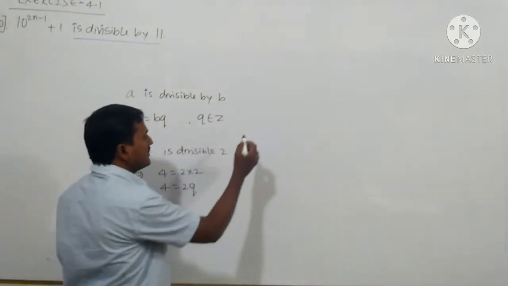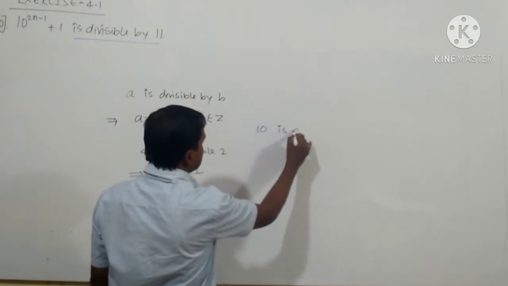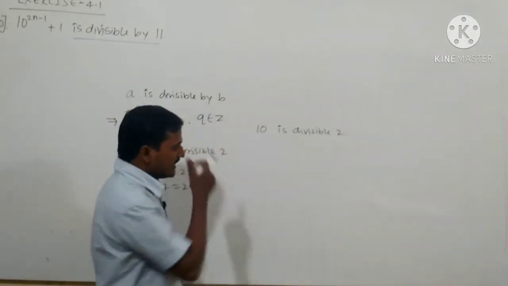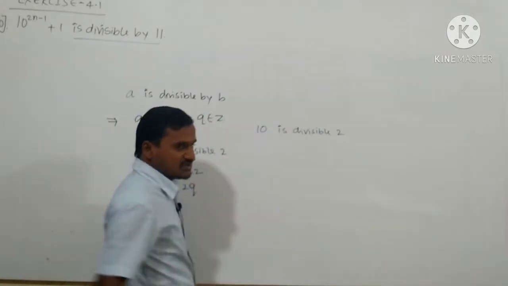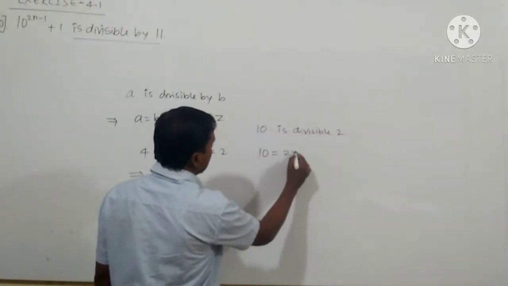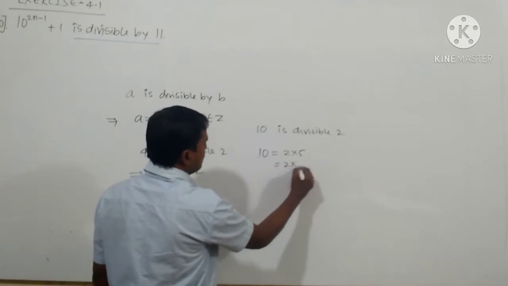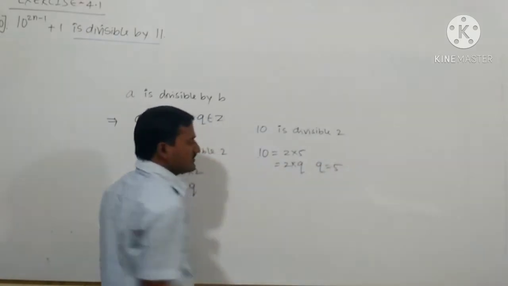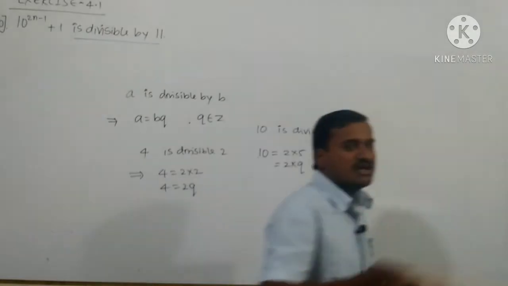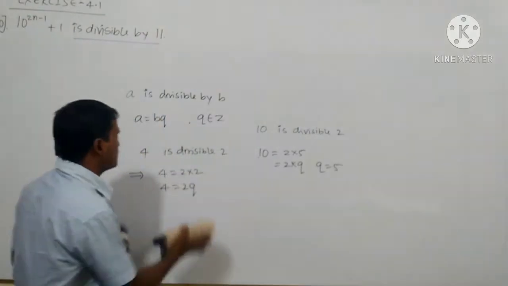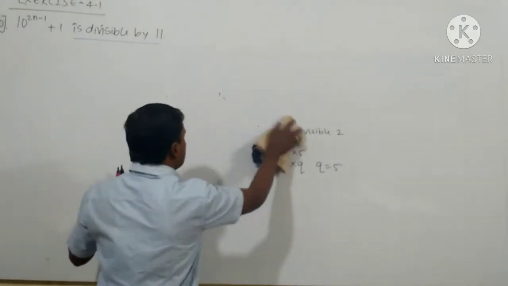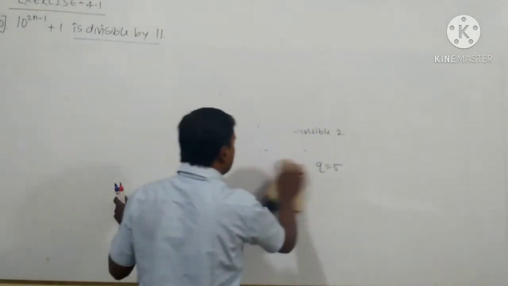For example, 10 is divisible by 2, so there exists an integer q such that 10 is equal to 2 into 5, so here the value of q is 5. Therefore, remember: a is divisible by b means there exists an integer q such that a is equal to b into q, or a is a multiple of b.